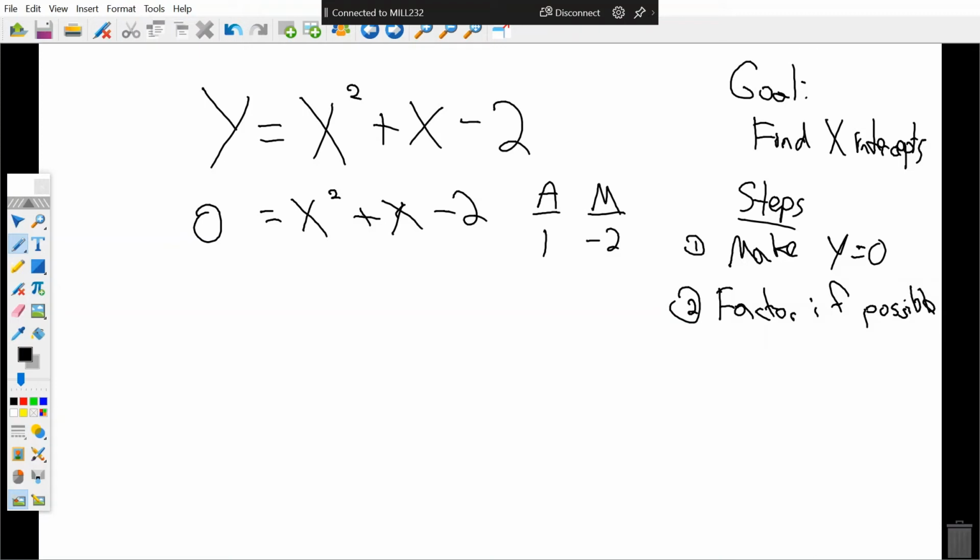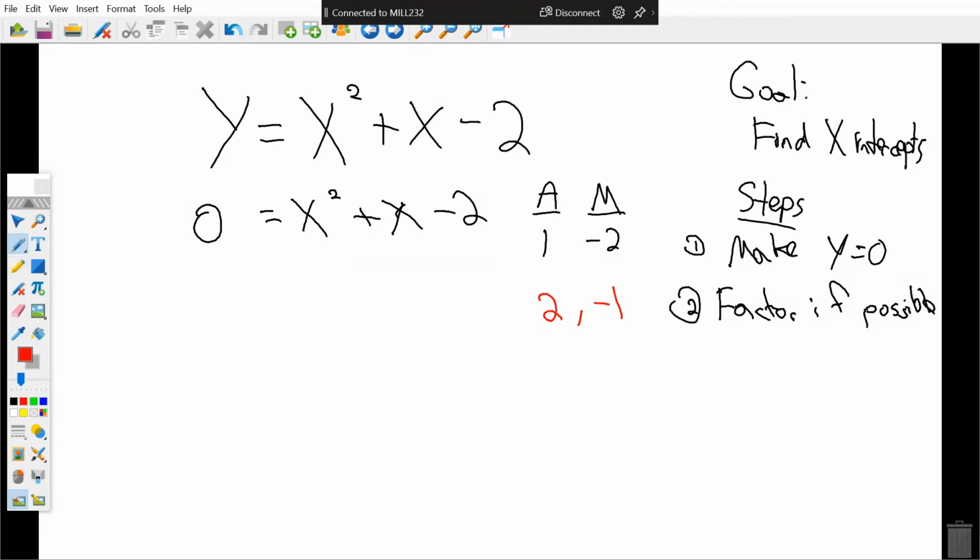Nobody remembers? The two numbers are positive 2 and -1. My apologies. 2 plus -1 adds to 1, and 2 times -1 multiplies to -2.